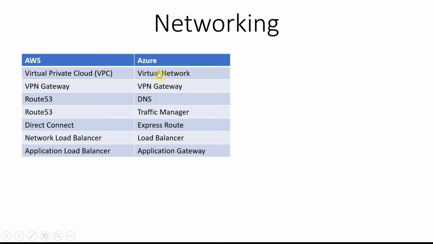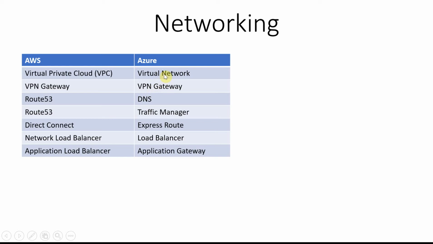You create a virtual network, which is like a broader IP range, and under that you can create subnets. Again, the subnets will be private subnets and public subnets. All those concepts exactly mimic here. So that's about VPC, or the virtual network, on the Azure side.